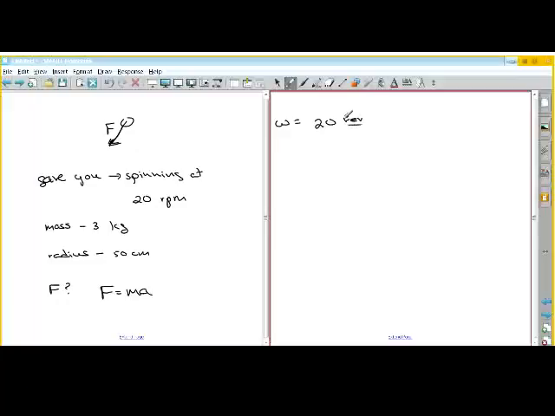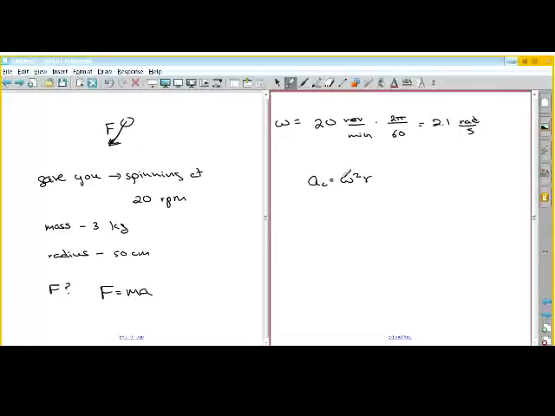So you'd say omega is 20 revolutions per minute, and you would multiply by 2 pi, divide by 60, so 2 times pi divided by 60 times 20, so it's going to be a little more than 2, 2.1 radians per second. So that's your angular speed.